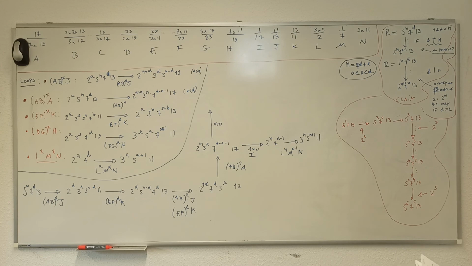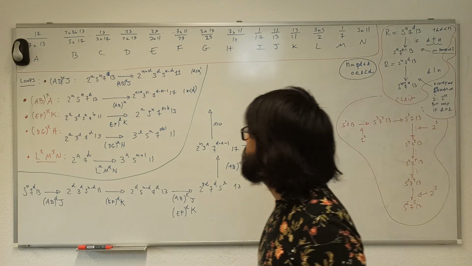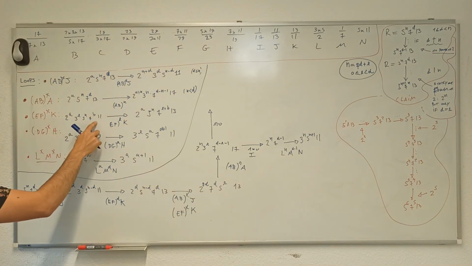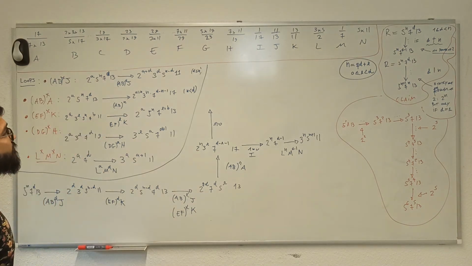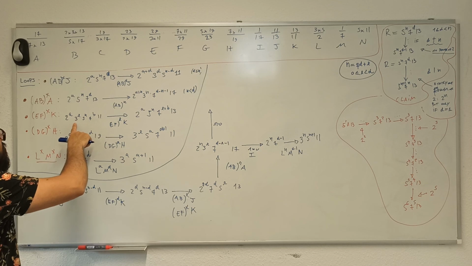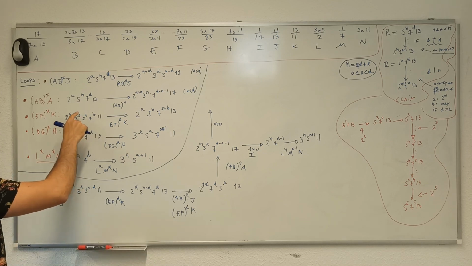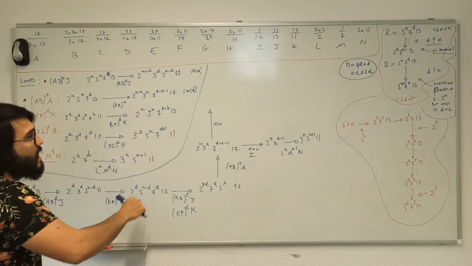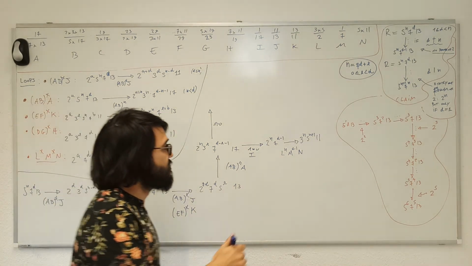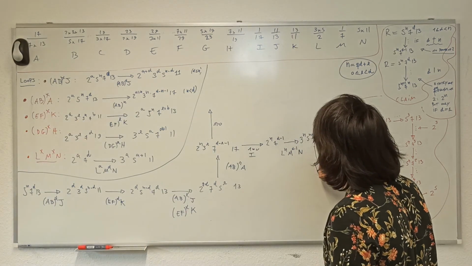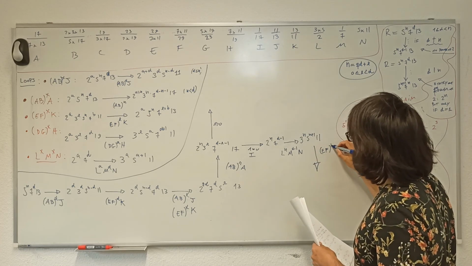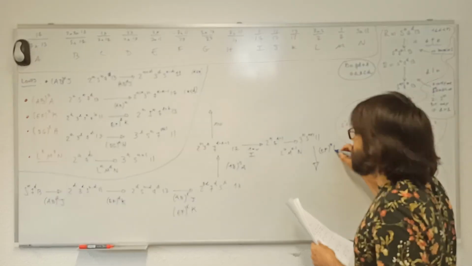And then whenever I have 3s, 5s, and 11s, I can apply the EF, and the EF basically just removes all the 3s and puts them into the 7s, and then changes the 11 to a 13. So this guy will be an EF to the n, and then a k.